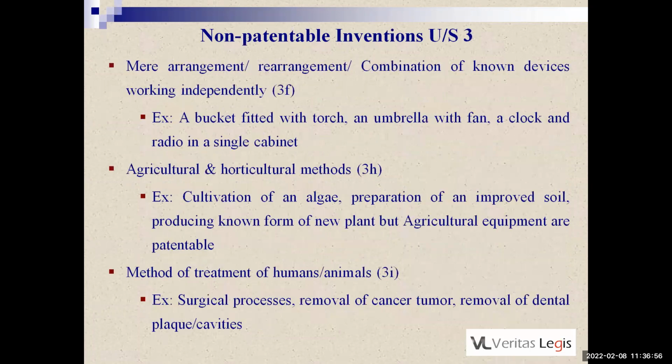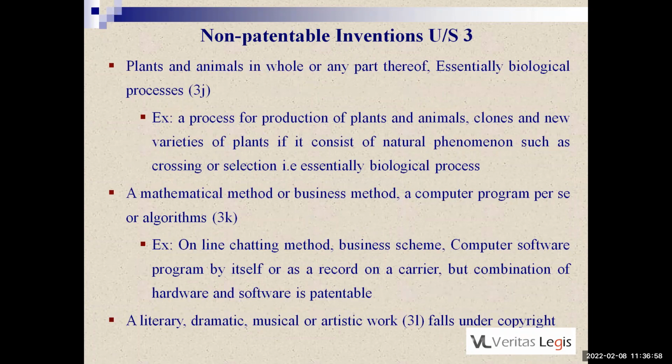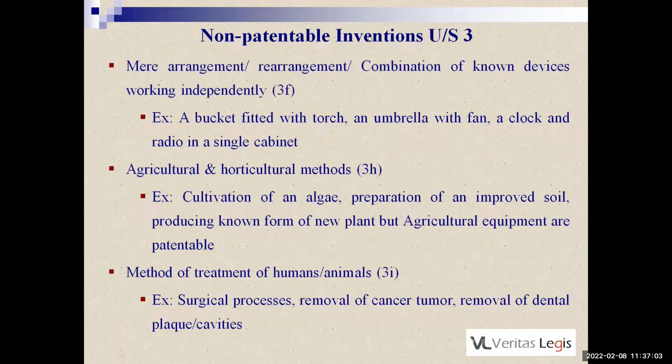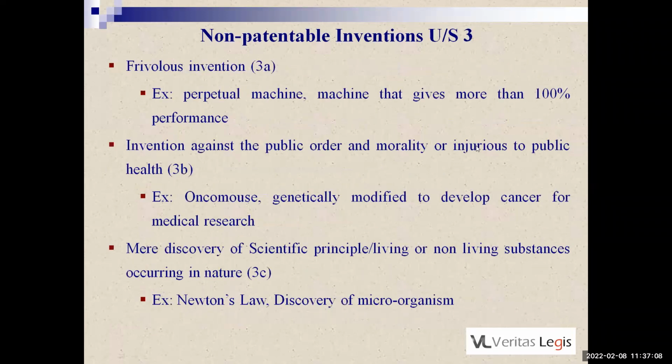Now, as we have talked about non-patentable inventions, Section 3 basically speaks about non-patentable inventions. There are many clauses, A to N. It covers frivolous inventions, such as any machine which gives 100% performance. No machine can give that; it can give 99% but not 100%.